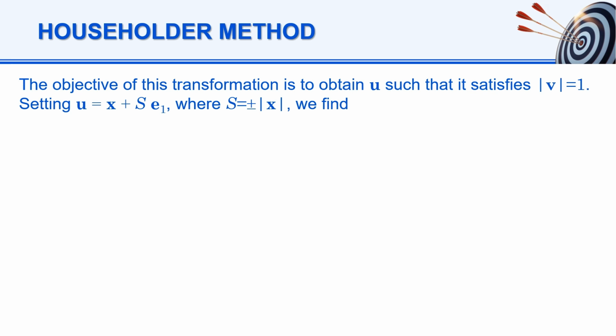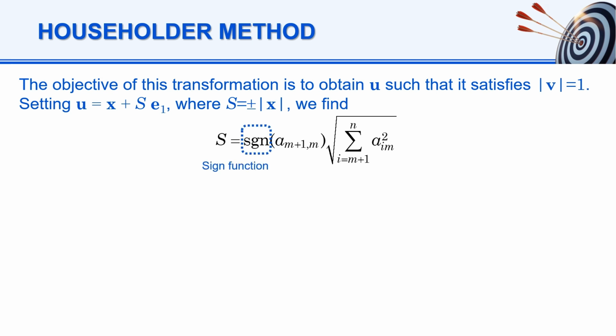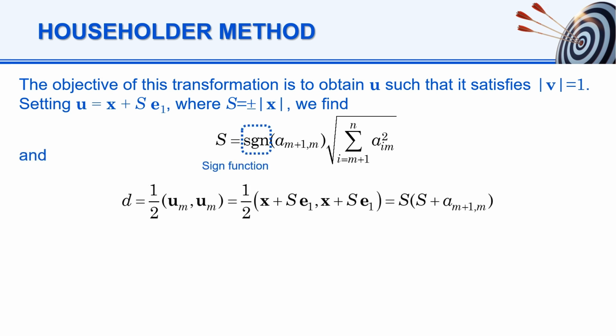Setting u equals x plus s times e1, where s equals plus or minus the magnitude of x, we find, where x is the lower m-1 elements of the first column of the Householder matrix, and e1 is defined as the unit vector. Of course, in the first step, the scalar d is computed as follows.